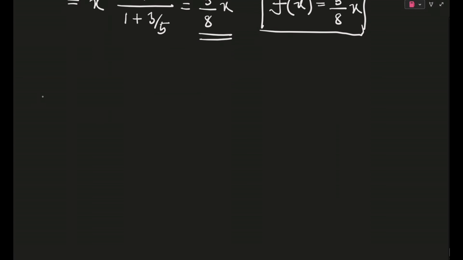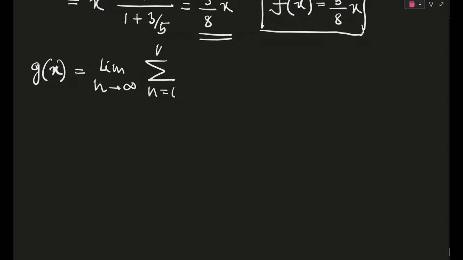Next on, let's go on to our g of x. So g of x was given to be limit n tending to infinity, and this is x. I know my x and n look very similar, but don't get confused. This is sigma n equals 1 to n, 3 power n minus 1 into sine cube x by 3 power n.